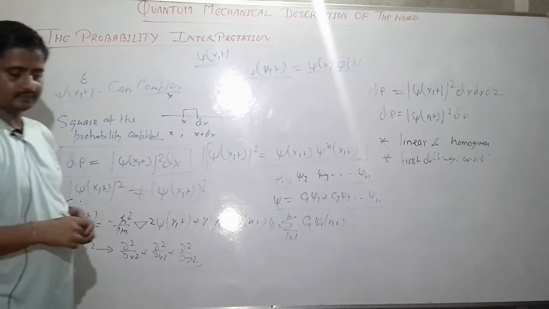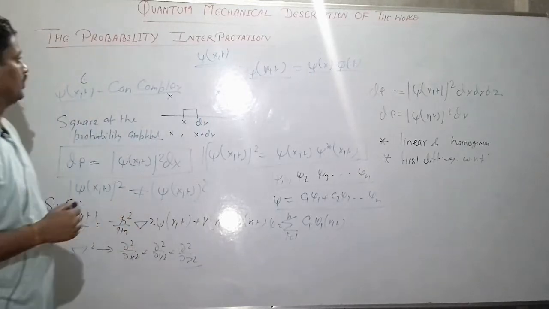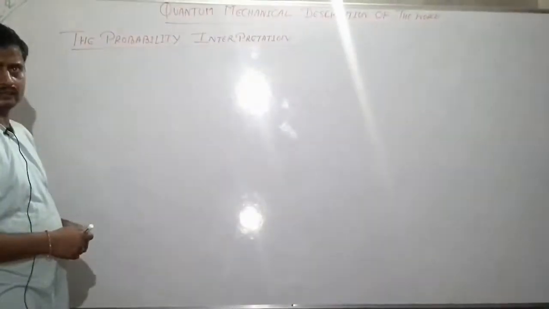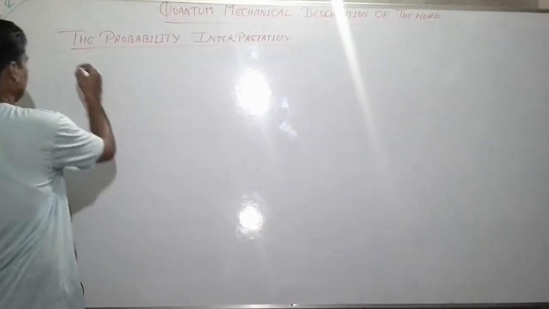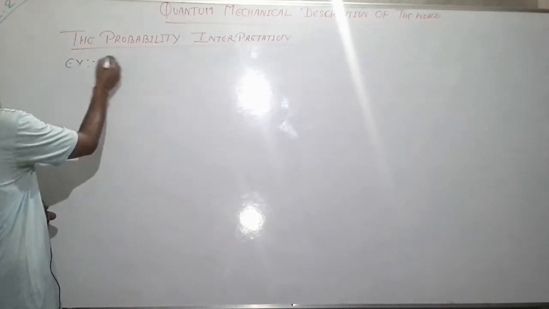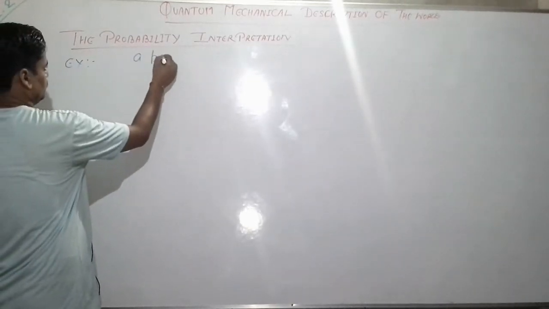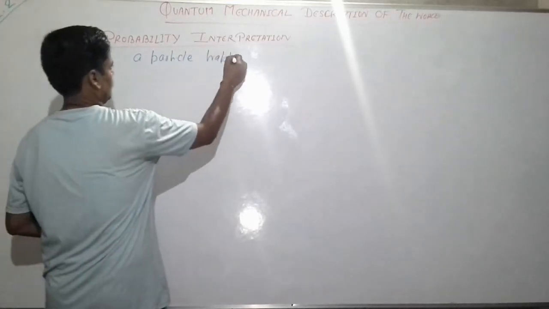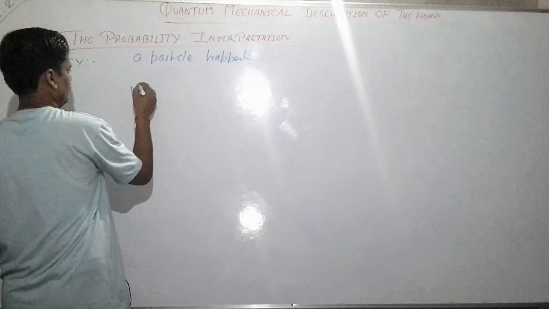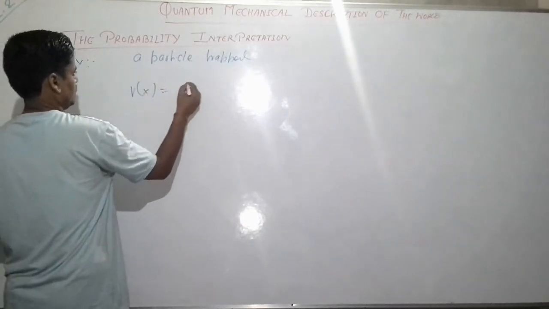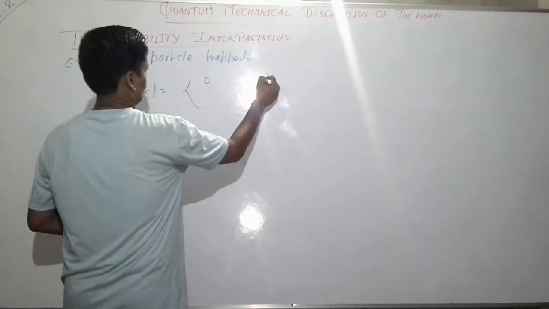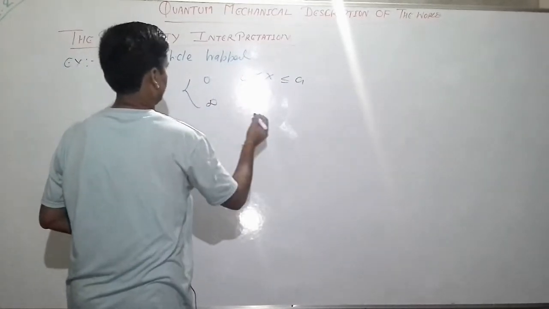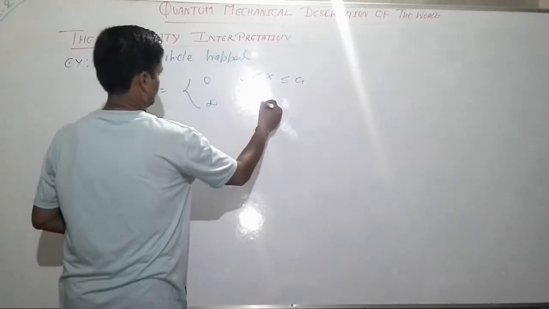And let us take one example related to this. There is a particle trapped in a potential well where V(x) is 0 from 0 to a, and infinity elsewhere.